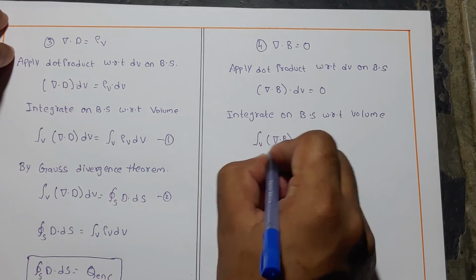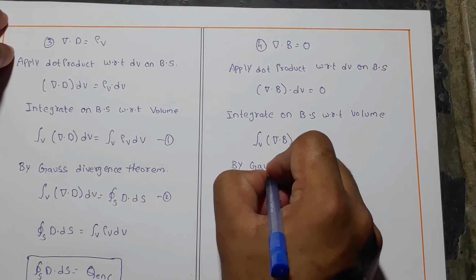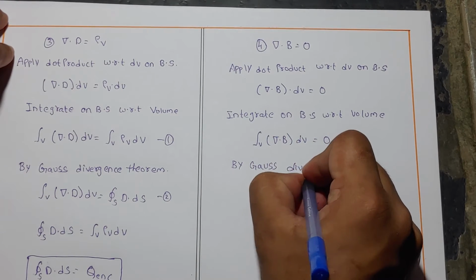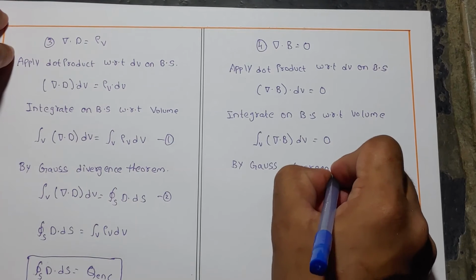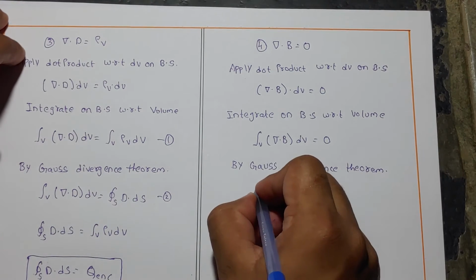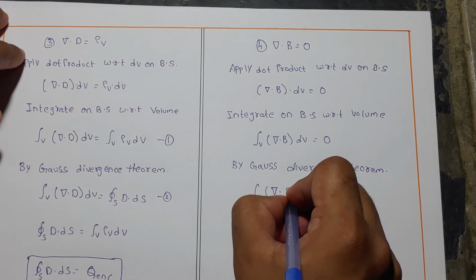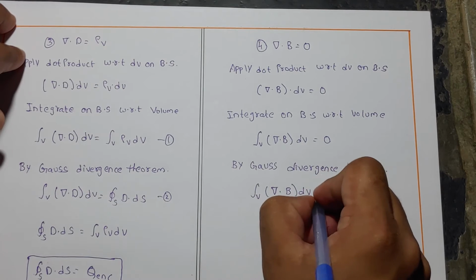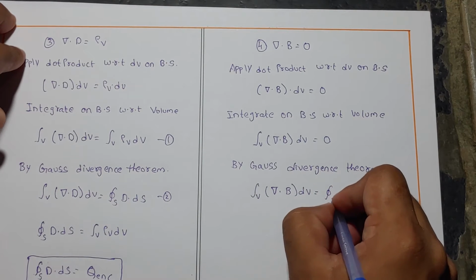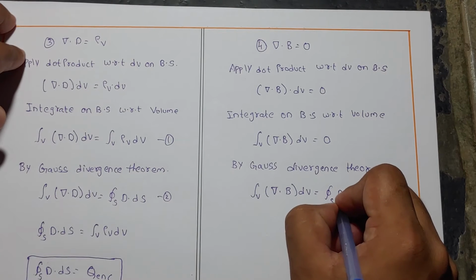This is in the form of Gauss law. That is, by Gauss divergence theorem, we know that volume integral of del dot B dv is equal to closed surface integral of B dot ds.